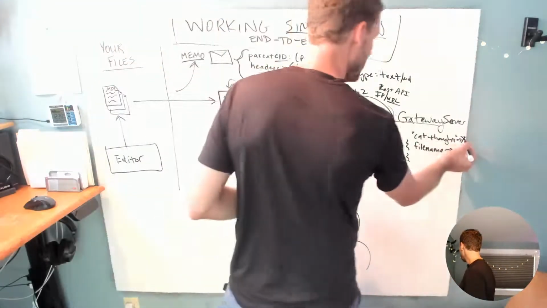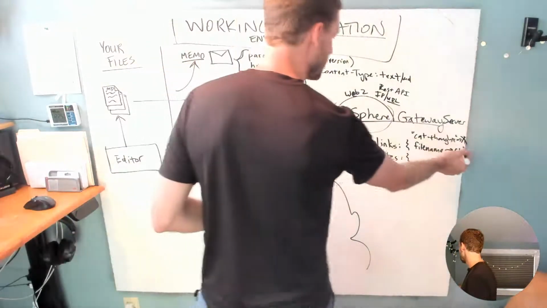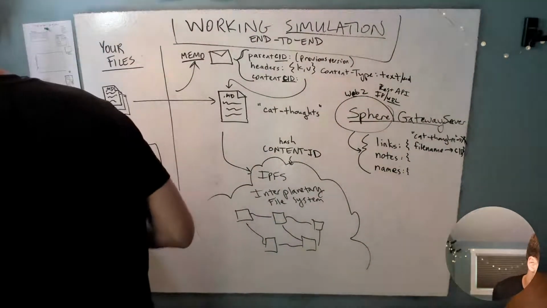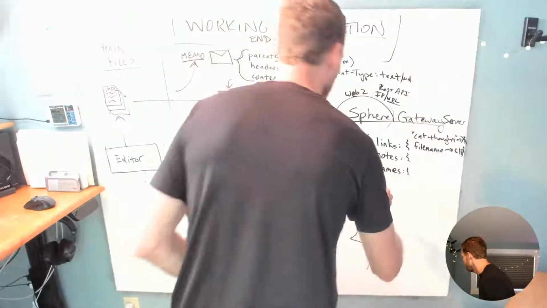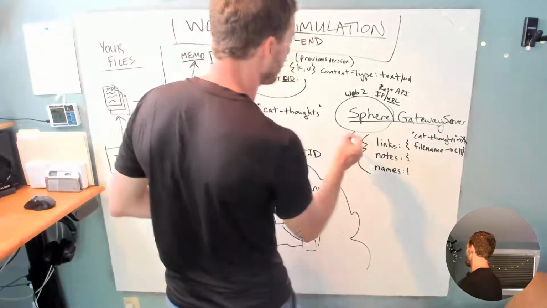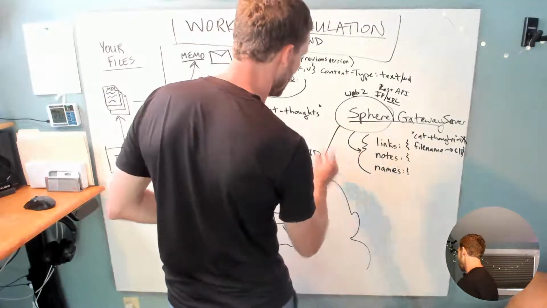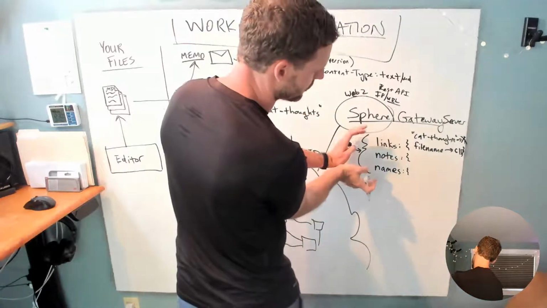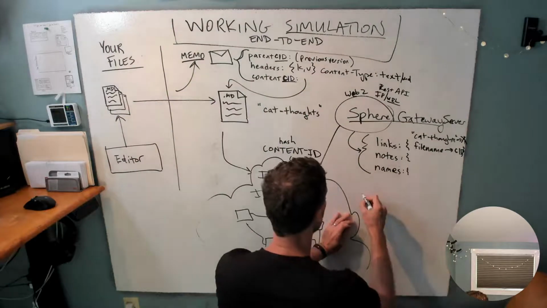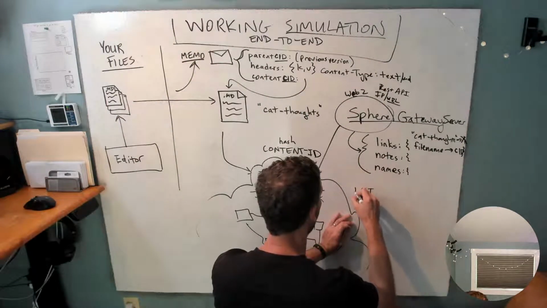Then what does the CID point to? We talked about how this was a pointer. The CID, I believe, points to something in the DHT. Wait, I shouldn't just throw on that term DHT without saying more about that. So the Sphere gateway has this data structure that stores links, notes, and names. It also has its own internal distributed hash table.